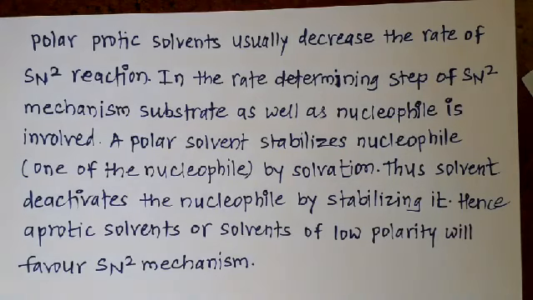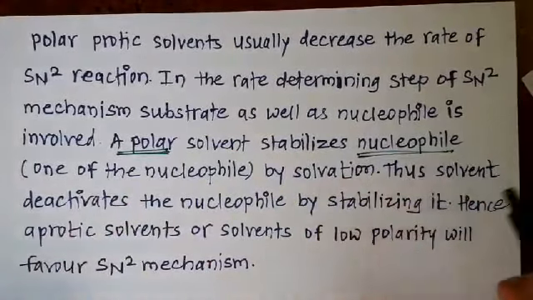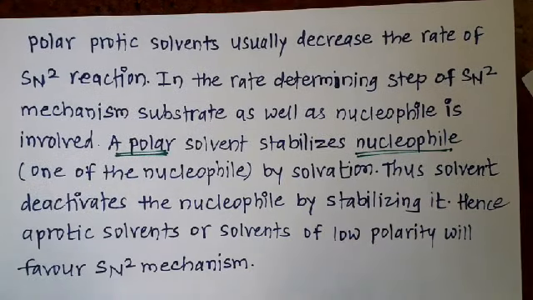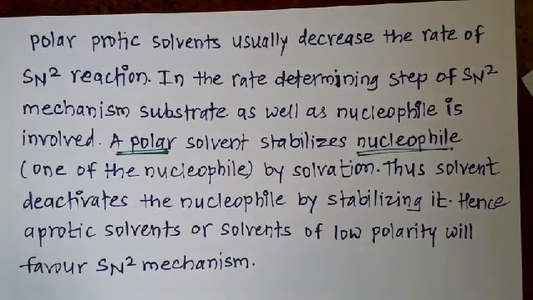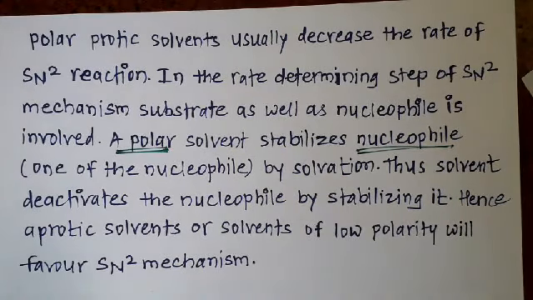And if in the SN2 reaction mechanism we use a polar solvent that stabilizes only the nucleophile, then due to the stabilization of one species, the rate of reaction changes, because for the better rate, the rate of the SN2 reaction must depend on both concentrations of substrate and nucleophile, but here we stabilize only the nucleophile and not the substrate.